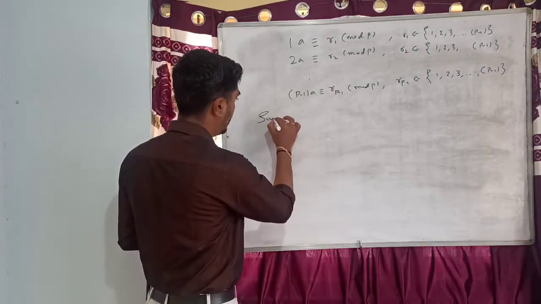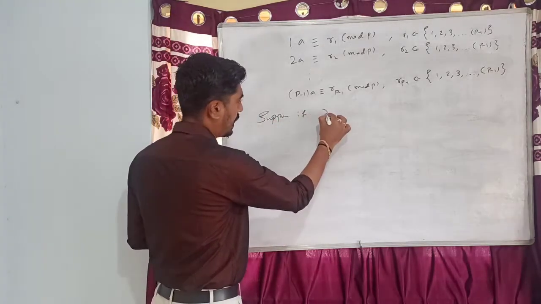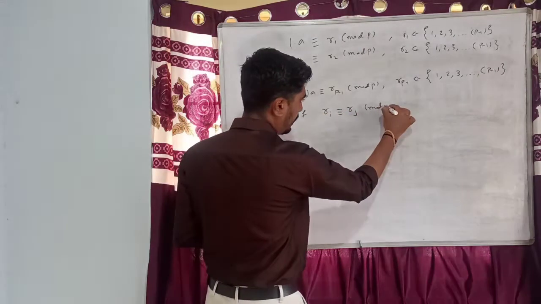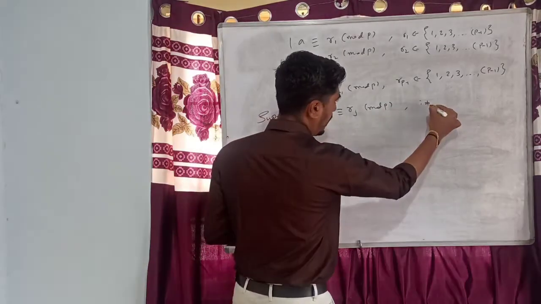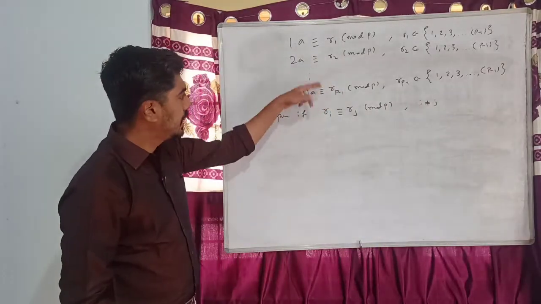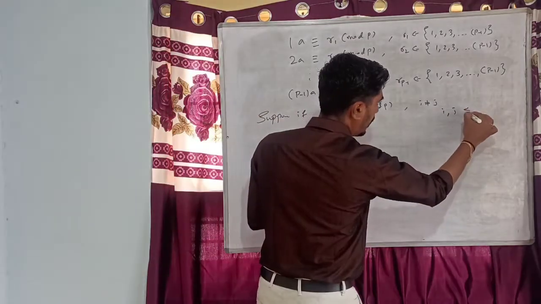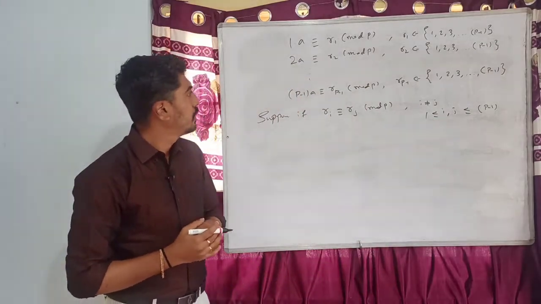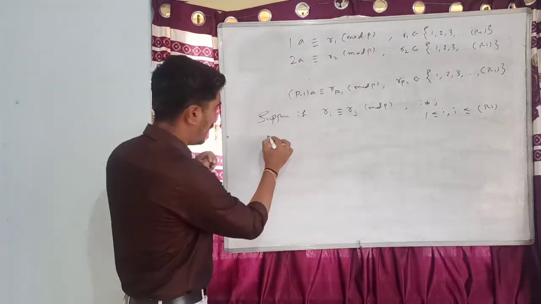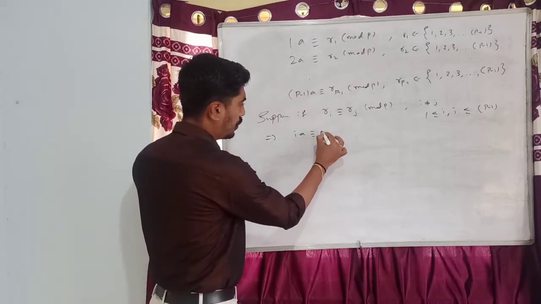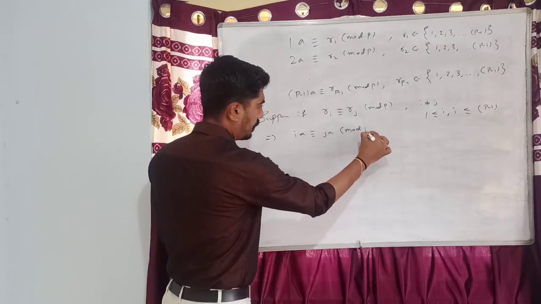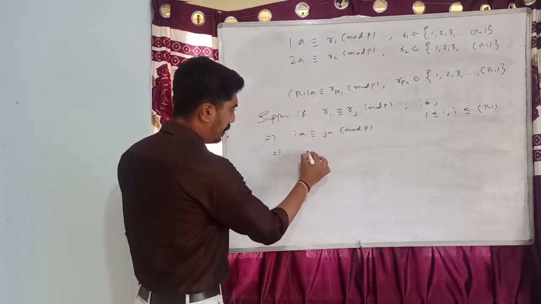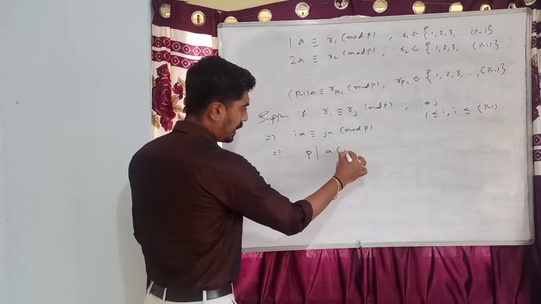Suppose Ri is congruent to Rj modulo P and i not equal to j, where i and j are between 1 and P minus 1, then by this we should have ia is congruent to ja modulo P. So by the definition of congruence, we should have P divides a times (i minus j).